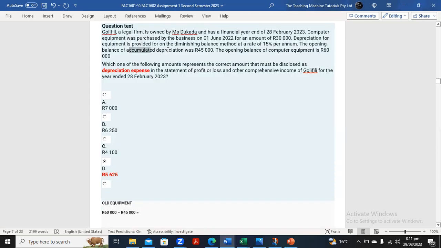This is the accumulated depreciation, 45,000. So let's apply the formula: cost price minus accumulated depreciation equals carrying value. Then you multiply by the given rate.